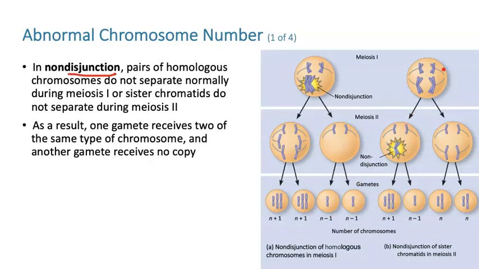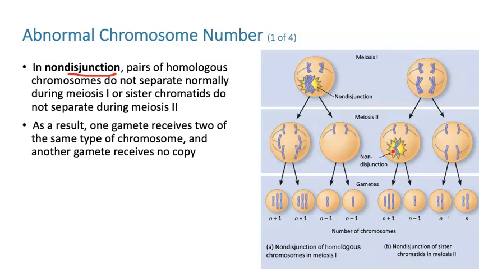Again, this can happen in meiosis 2. It can also happen in mitosis. So here's meiosis 1 going along just fine. But in meiosis 2, the sister chromatids didn't separate properly in this cell. You can see that they did separate properly in this cell. So these two cells here are normal, and they have n number of chromosomes, or 2 in the case of this example.